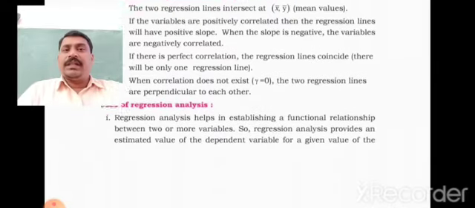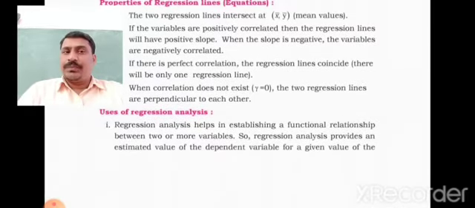Next, use of regression analysis. Where can we use it? We can use regression analysis in estimating a functional relationship between two or more variables. Regression analysis provides an estimated value of the dependent variable for a given value of an independent variable.